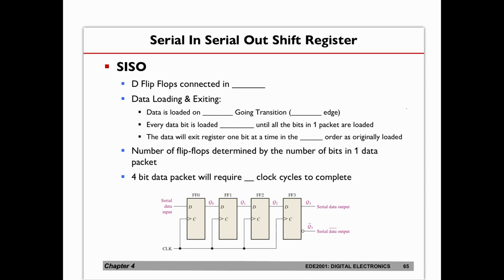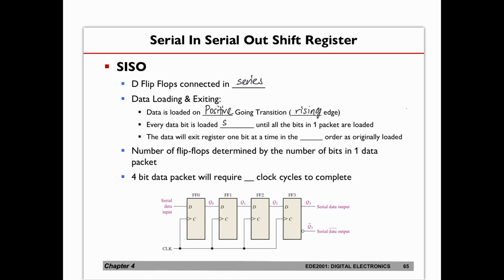For the serial in, serial out shift register, the D flip-flops are connected in series. On the positive going transition, or the rising edge, data is loaded bit by bit.